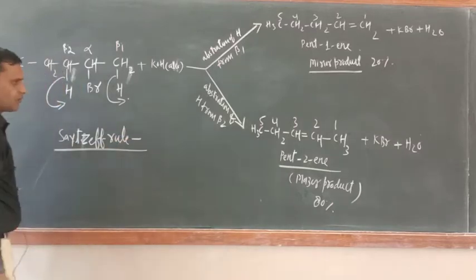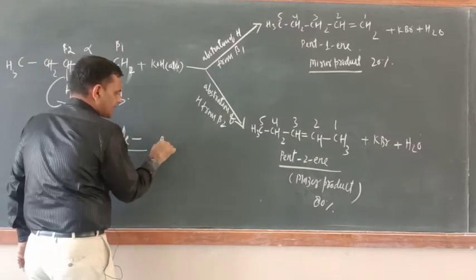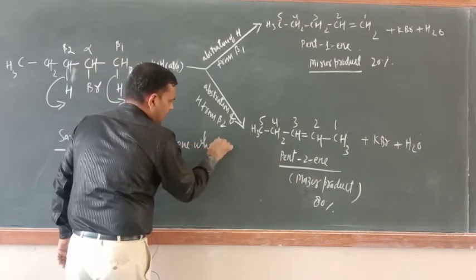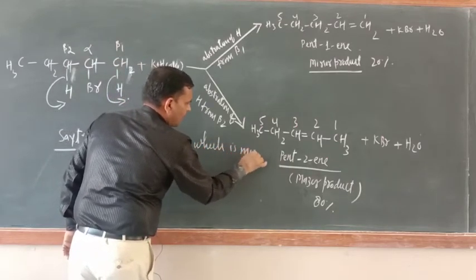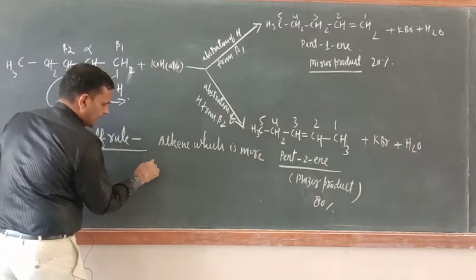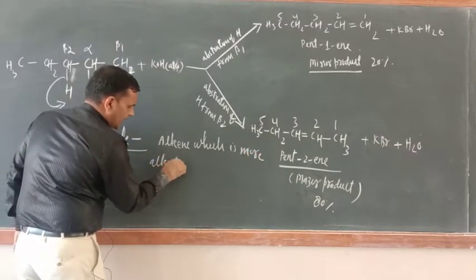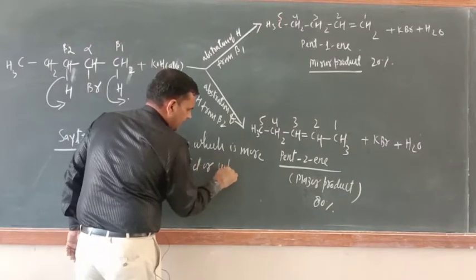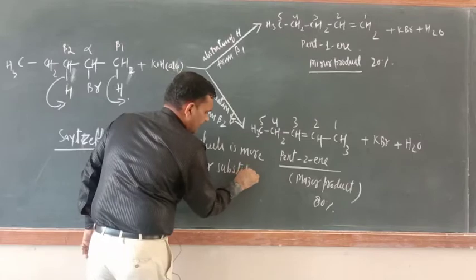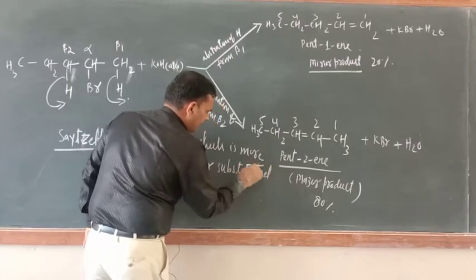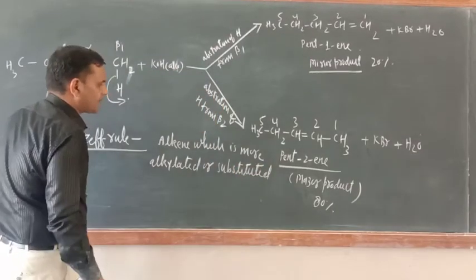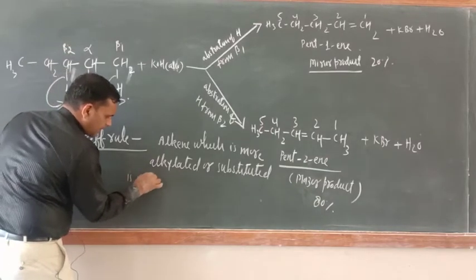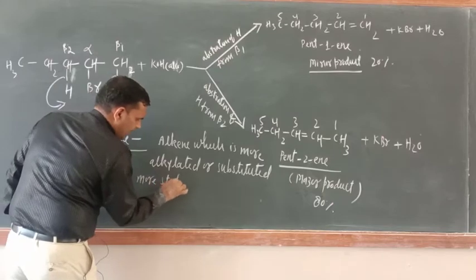According to this rule, the alkene which is more alkylated or substituted is more stable.